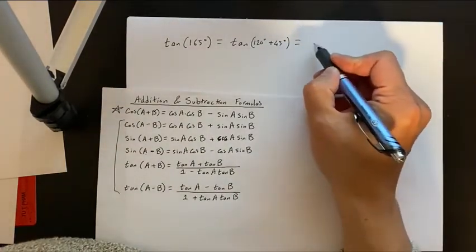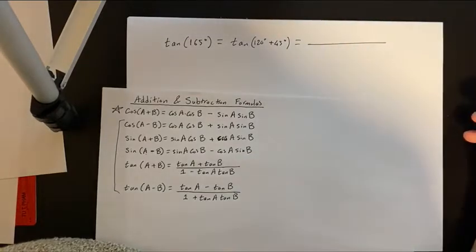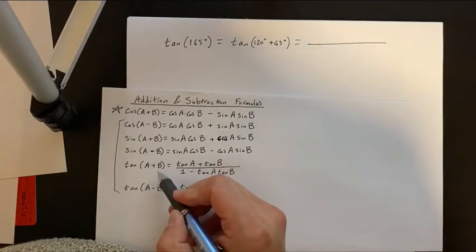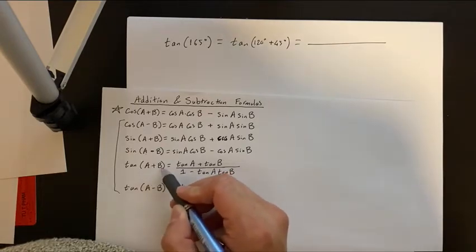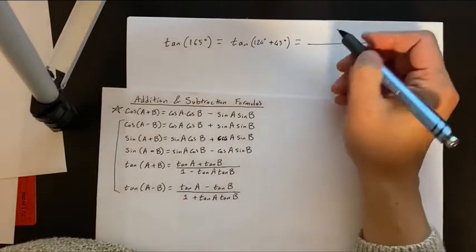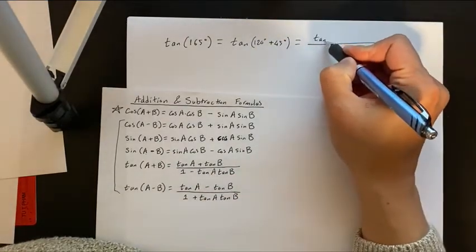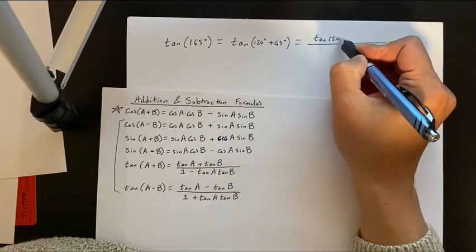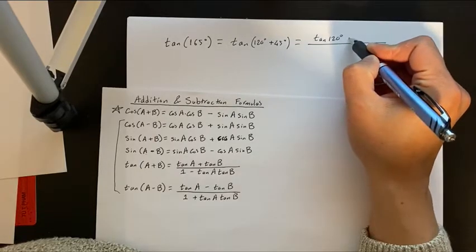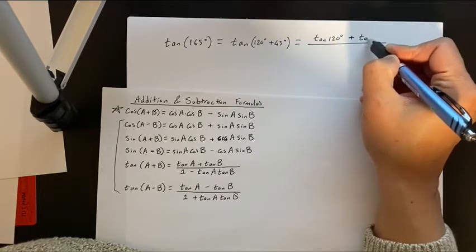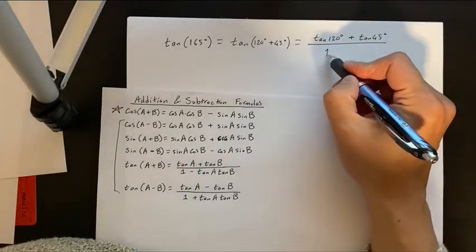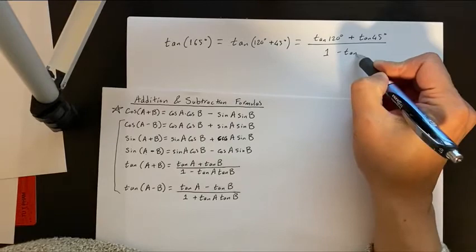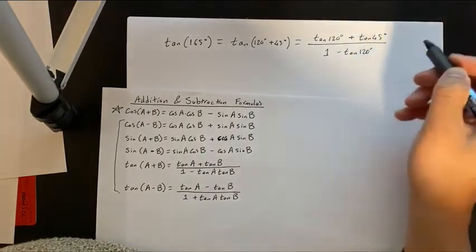So this is going to be this formula with A being 120 and B is equal to 45. So this is going to be tangent of 120 degrees plus tangent of 45 degrees over 1 minus tangent of A, which is 120 degrees, right?